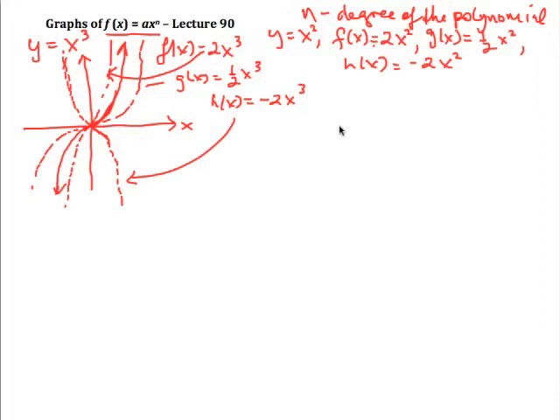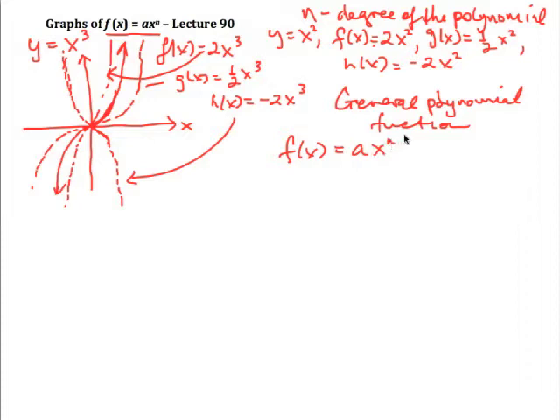Now, what happens if we now want to look at say, a general polynomial function? And, of course, a general polynomial function will, first of all, have this form. All right, again, where n is the degree. And we now want to look at degrees greater than 2 and perhaps 3, which is what we just looked at here. And what does this a do? Well, if we look at the size of a, if it is, of course, greater than 1, then we do get a vertical stretch.